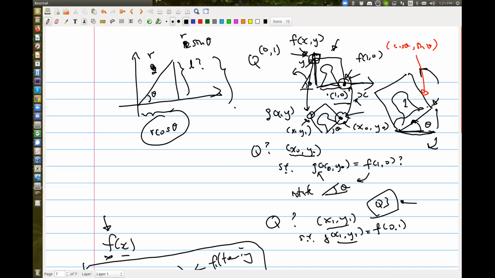This corner maps to the original upper left corner there. So anyone else?